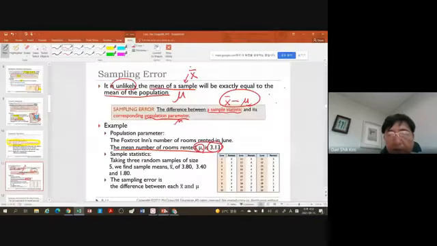Sample statistic, for example, is taking 3 random samples of size 5, and we will find the sample mean. Size 5 means small n. Sample size is 5. And how many? 3 samples.